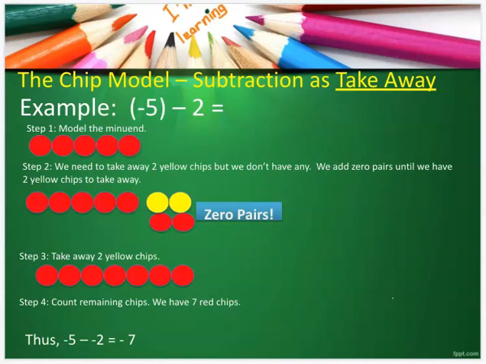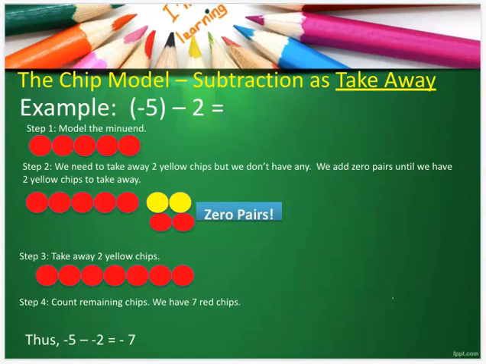What if I have negative 5 take away 2? First, I'm going to model the minuend of negative 5 with 5 red chips. Now I want to take away positive 2, which is 2 yellow chips. Please remind yourself that that is a positive 2, okay? Because the subtraction sign in front of it is an operation.